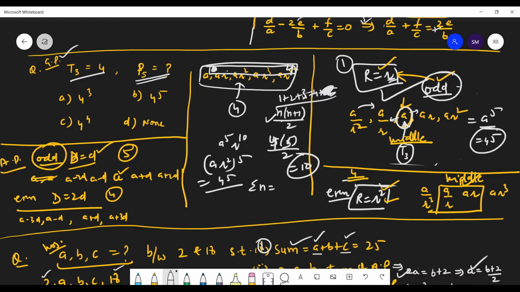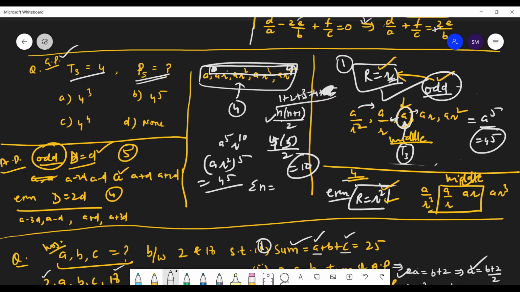So students, what do we get from here? Tm is equal to 27, so we get A R raised to the power m minus 1. How do we write the nth term of a GP? A into R raised to the power n minus 1. So A R^(m-1) equals 27, A R^(n-1) equals 8, and A R^(p-1) equals 12.